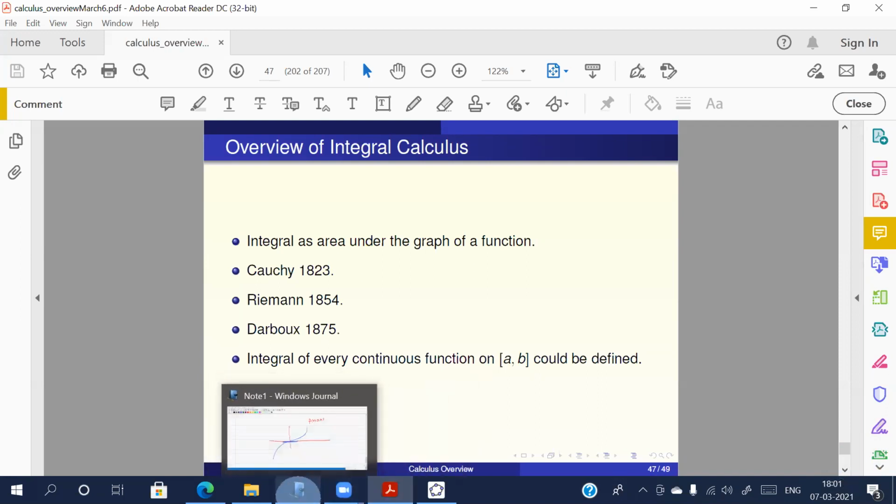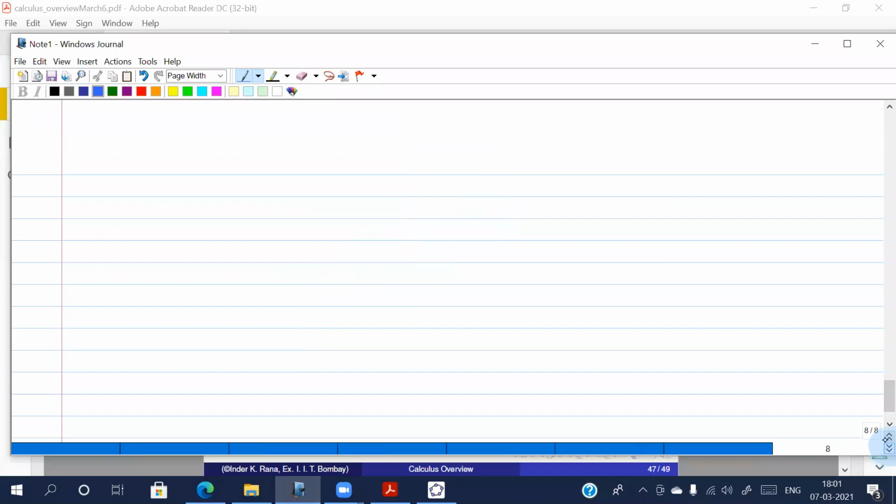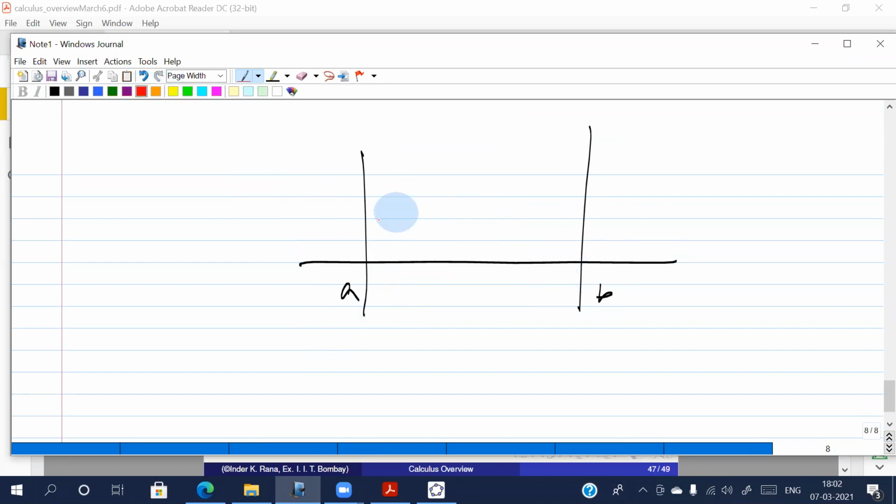Let me just indicate to you how the concept of limit enters the picture here. Let us look at the graph of a function. So this is a, this is b, and this is the graph of the function f of x.